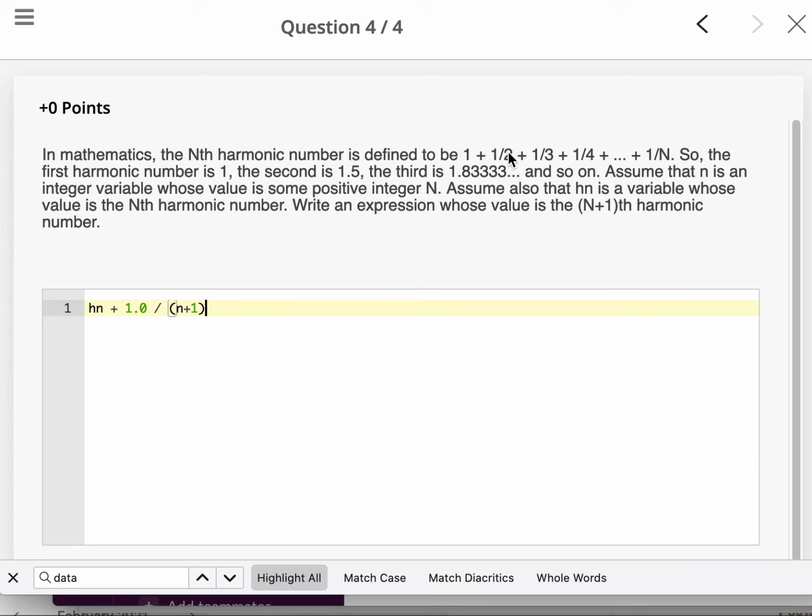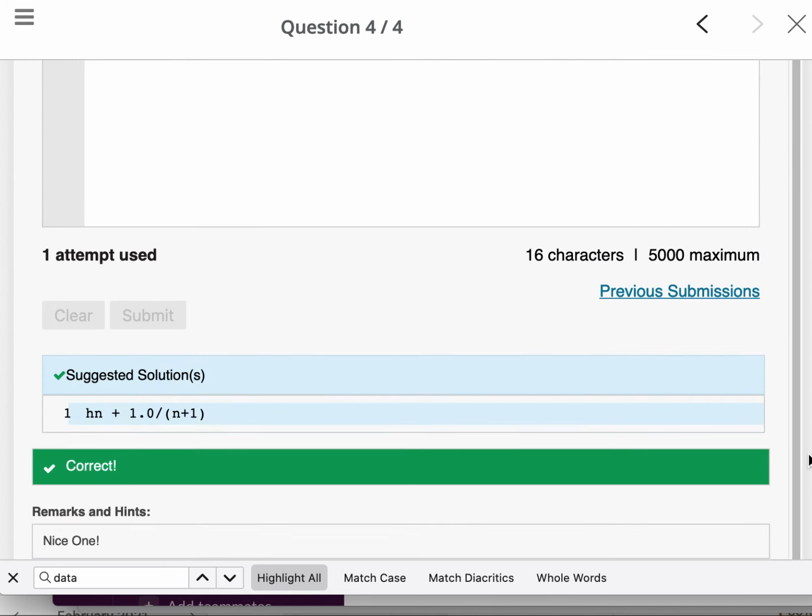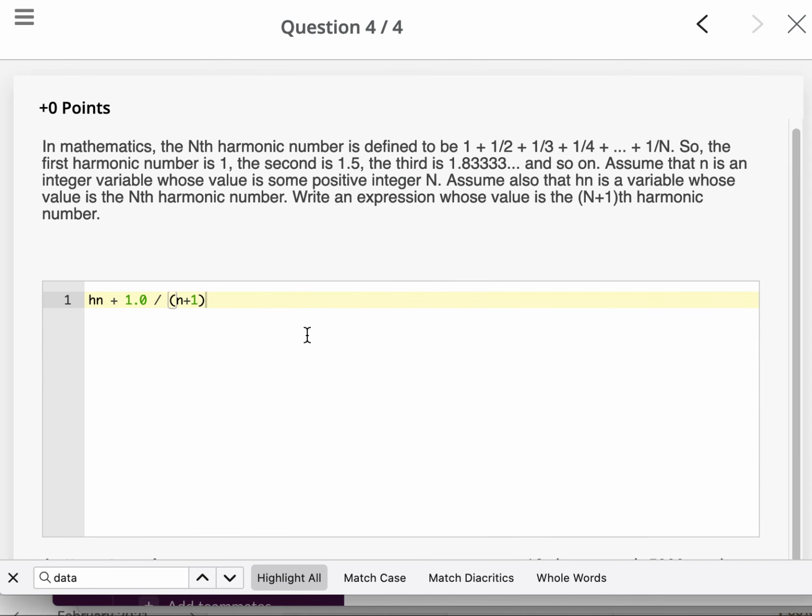For the second harmonic, if n is 1, then we have the first harmonic, which was 1, plus 1 divided by 1 plus 1, then 2 plus 1, then 3 plus 1, and so forth. So this is a shortcut that allows us to automate the calculation of the harmonics.